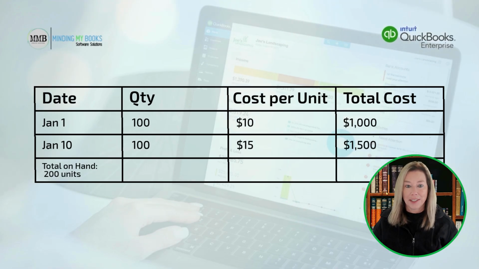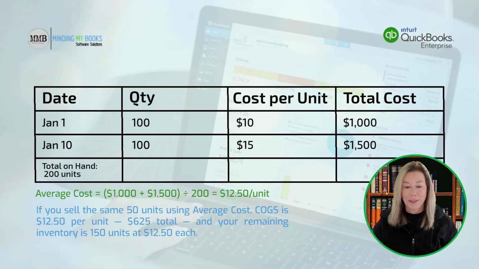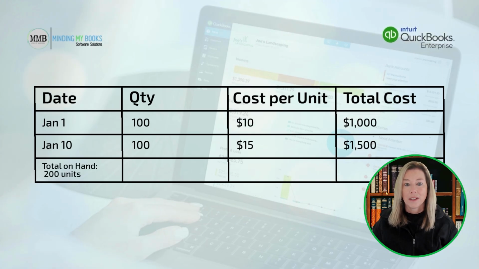With Average Cost, QuickBooks blends everything into one weighted cost. And the total purchase cost, $1,000 plus $1,500, you would divide by 200 units. That will give you $12.50 per unit.